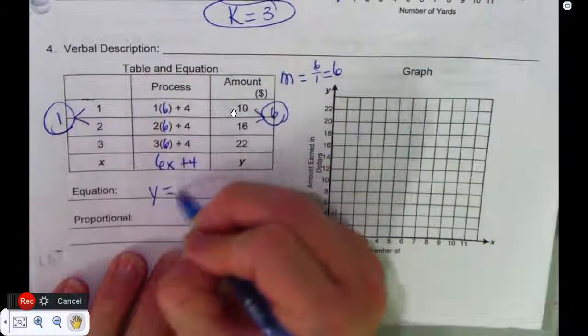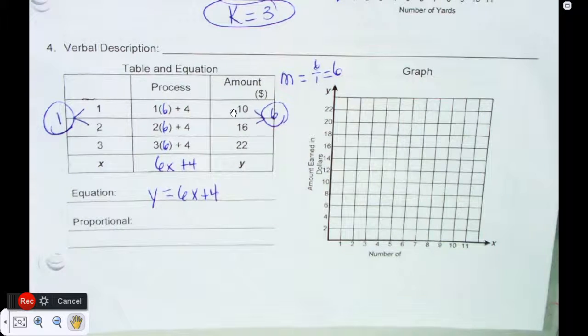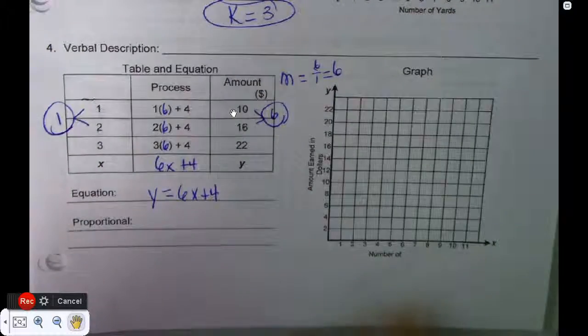So y equals 6x plus 4. Raise your hand when you know if this is proportional or not.